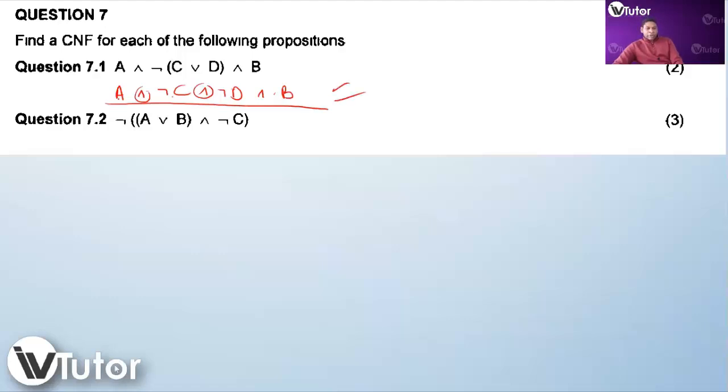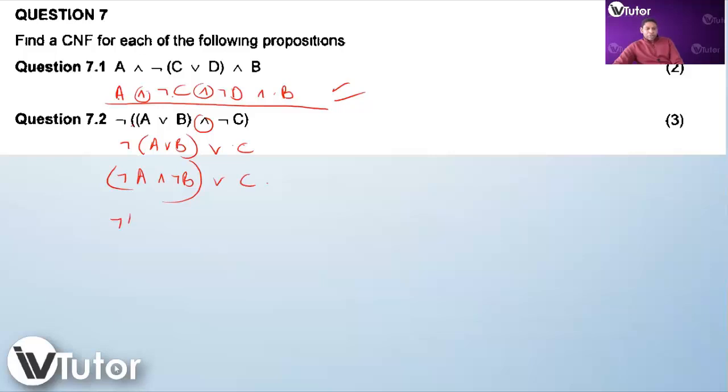We also have this one, the negation of that and that and that. So let's distribute the negation first. Negation of A or B, then it turns the sign, and negation of C. Then we have not A, turns the sign, not B or C. Then over here we do the distribution.